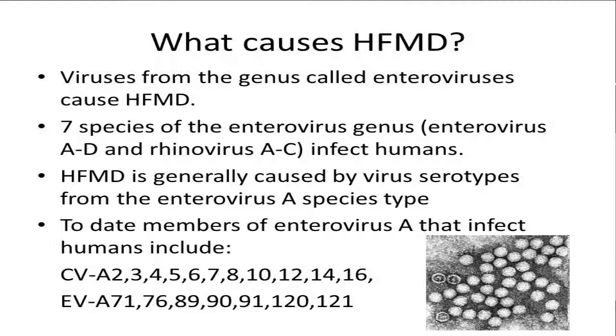You have the Enterovirus from A to B and Rhinovirus A to C. They all affect humans. And HFMD generally or predominantly are caused by viruses from the species A type. These are some of the types that have been isolated, associated with HFMD. And if you have not seen an electron micrograph picture of the virus, that's how it looks.